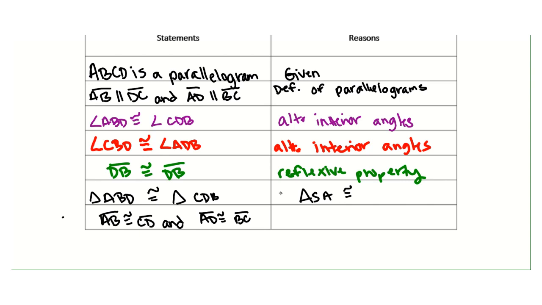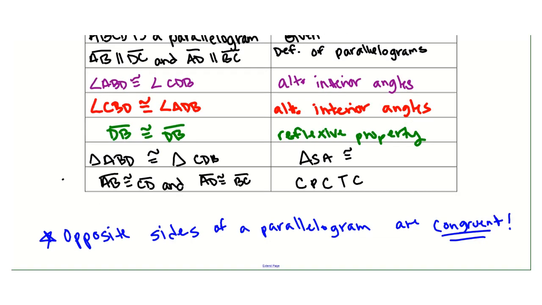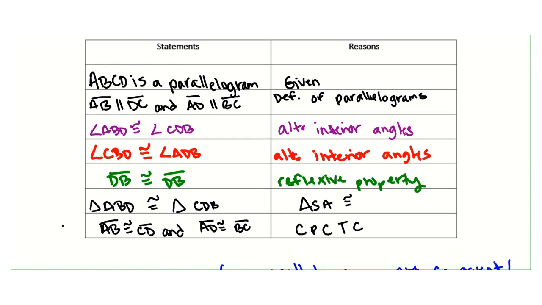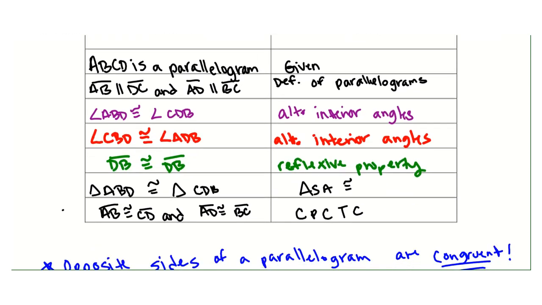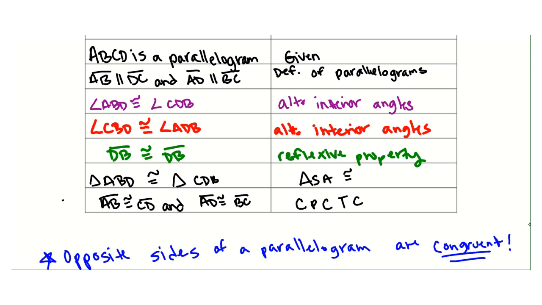Well, now that I know that the two triangles are congruent, I can say that their corresponding parts are congruent because I know that corresponding parts of congruent triangles are congruent. So we just proved that opposite sides of a parallelogram are congruent. So in any problem that you do further, you know that this side is going to be congruent to this side, and that this side will be congruent to this side. We've just proved that with this proof, so we can use that from now on. No need to prove it again.